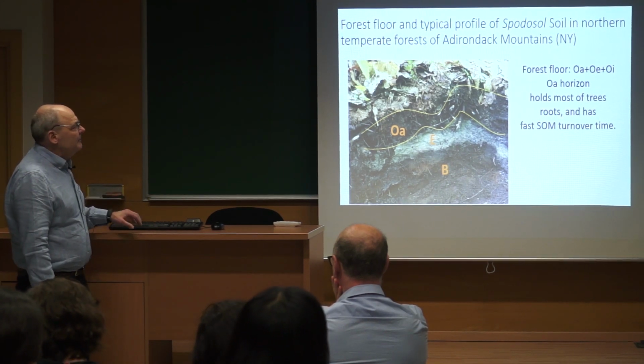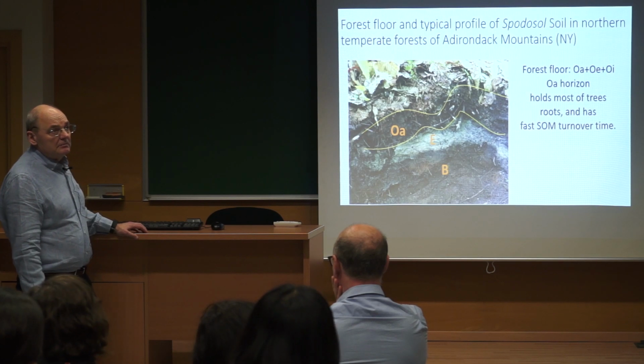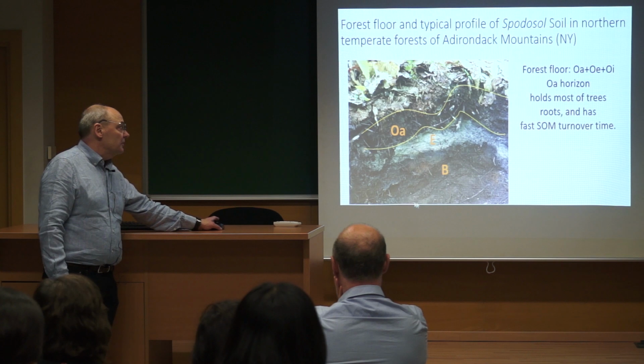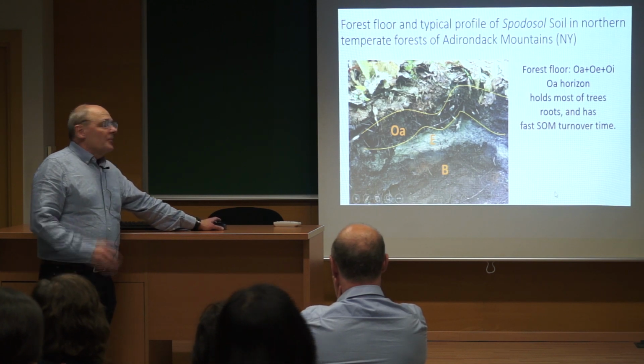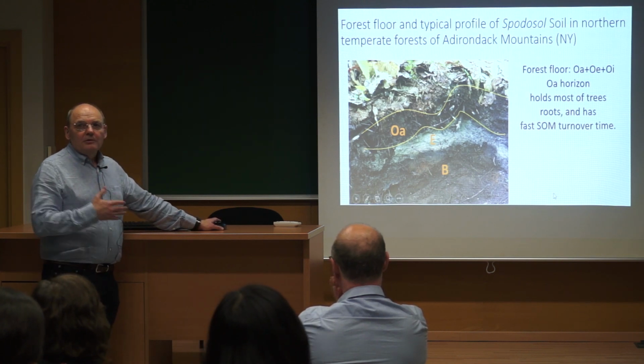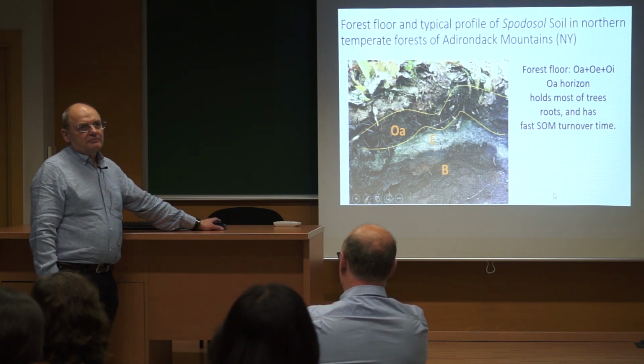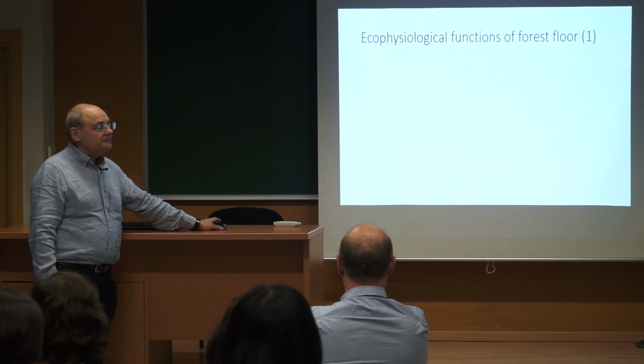It holds most of roots in this type of forest ecosystem, which is deciduous forest. Okay, so the talk is about the role of this soil horizon in phenology of deciduous forest.